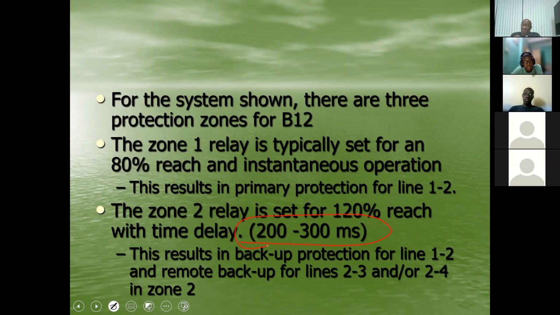And for your zone 2 setting, that time t is 200 to 300 milliseconds. If you have a zone 2 fault and the fault is not cleared in 200 to 300 milliseconds, then the relay at Old Hope will operate.